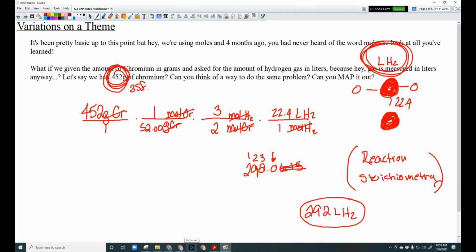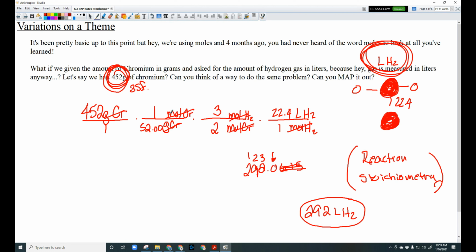Now you can ask a lot of questions about that one reaction and about this amount of chromium. Like I could ask you, if I'm given 452 grams of chromium, how much hydrochloric acid will I need to complete this reaction? You're going to do the same thing up to this point.